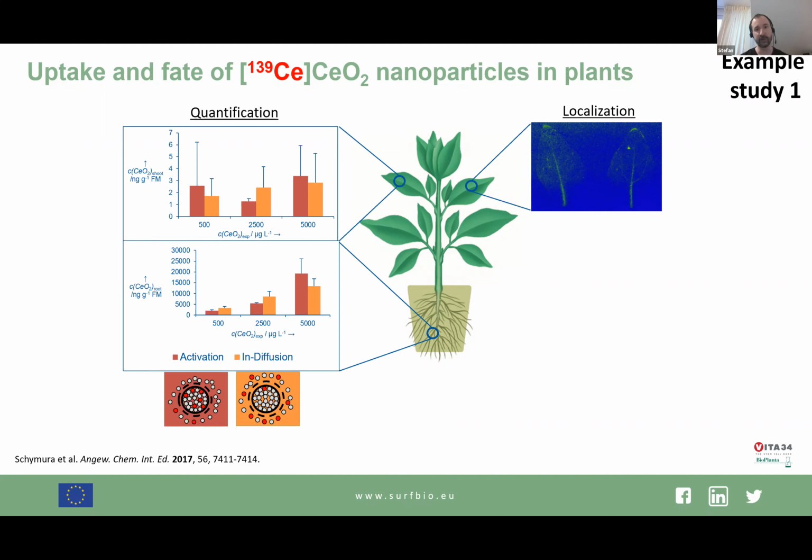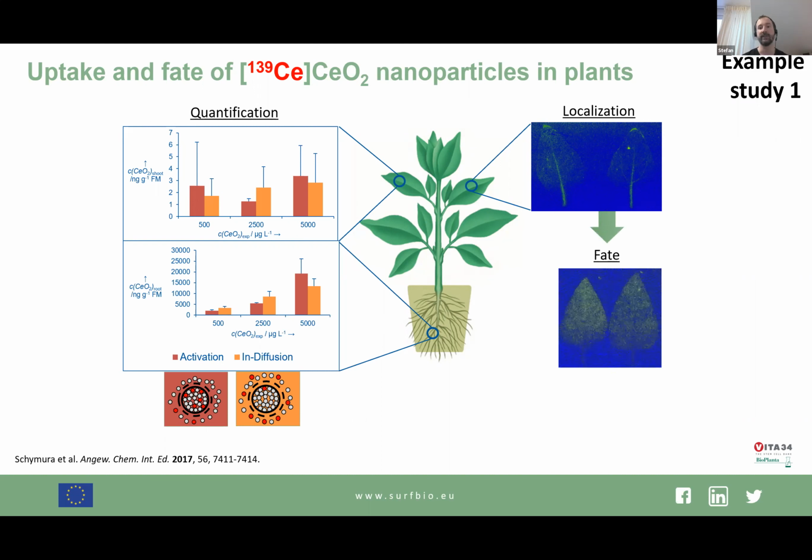If dissolution played a role during this uptake and translocation, we should see different activities for the different batches of radiolabeled nanoparticles. We don't see them, so we figured it's a particle-based uptake. It is localized using autoradiography, so we see them in the edges of the plants where the water flow ends and in the leaf veins.